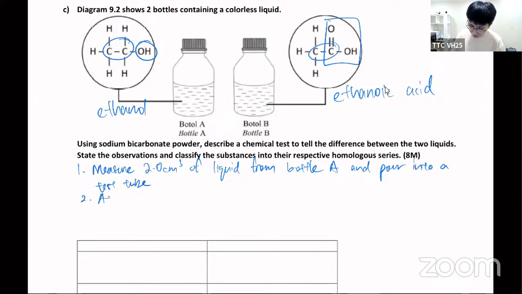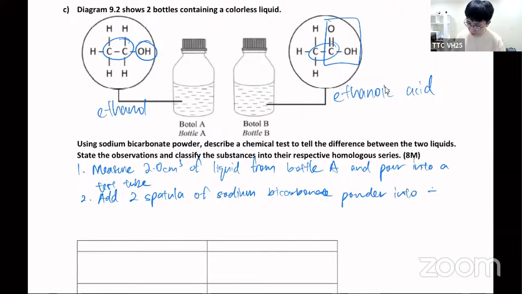Secondly, because it's a powder, add maybe 2 spatula, or maybe 1 spatula also can, of sodium bicarbonate powder into the same test tube. Number 3, shake the test tube and record observation.